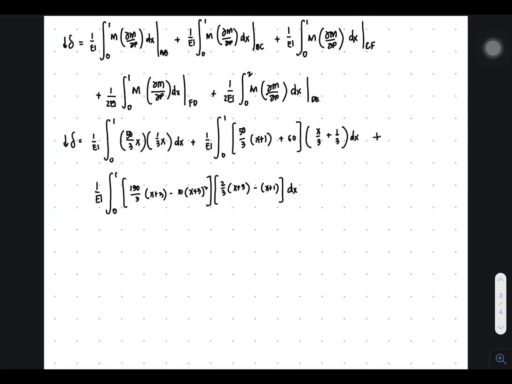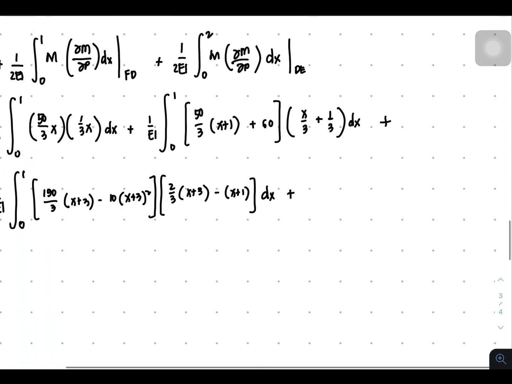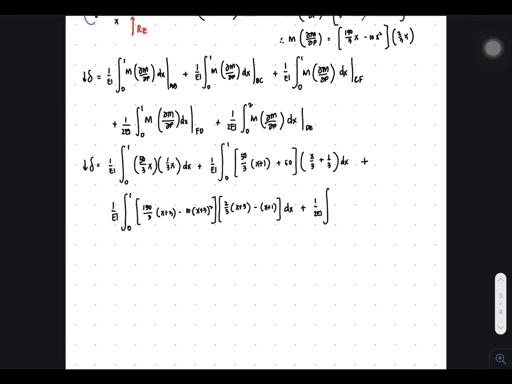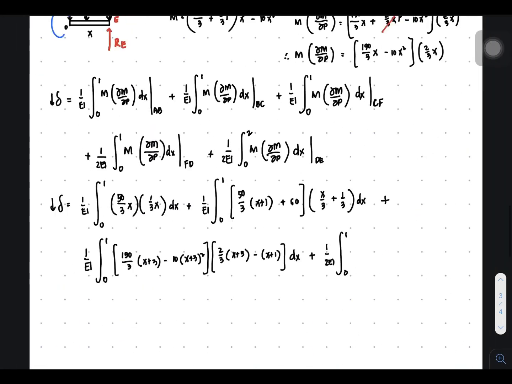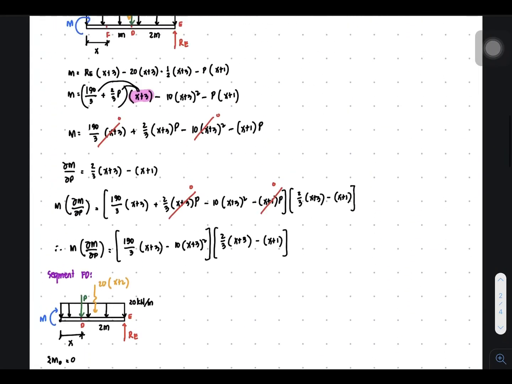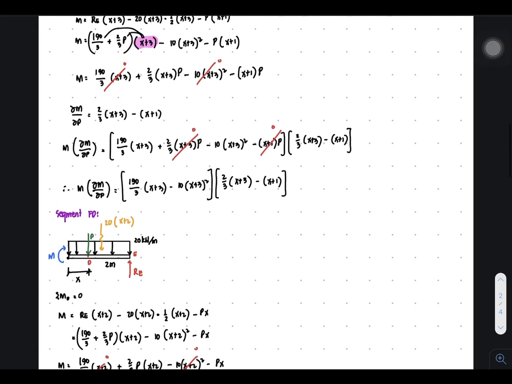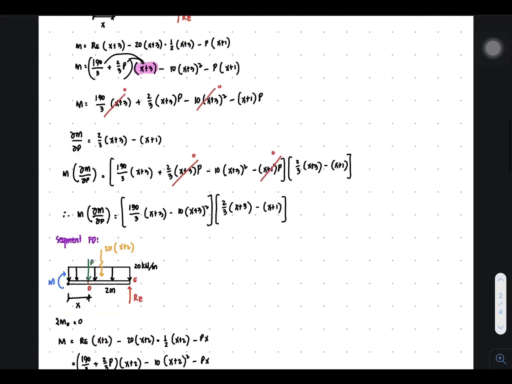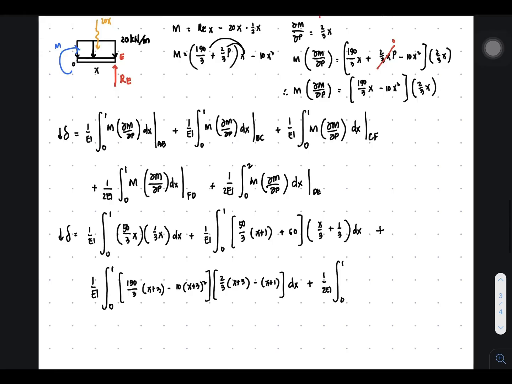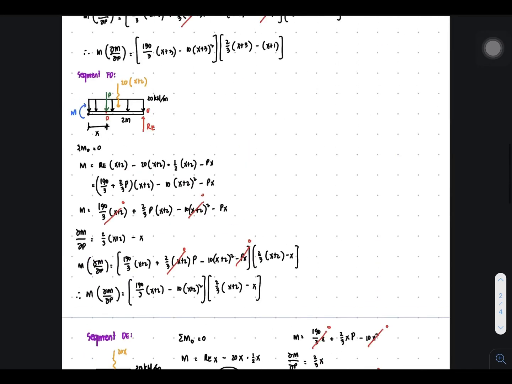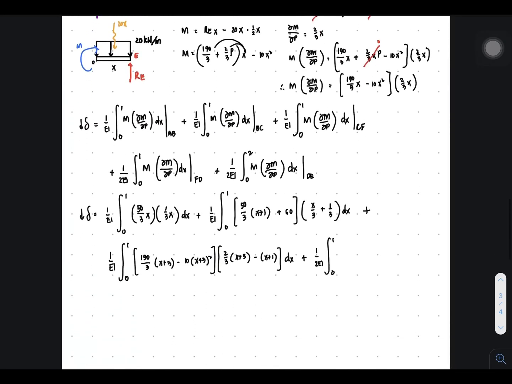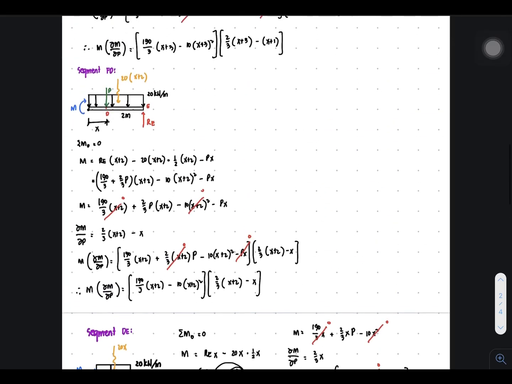Then plus here 1 over 2 EI. The integral from 0 to 1 limit. So this is for segment CF.